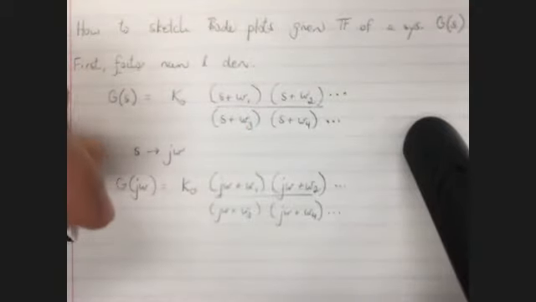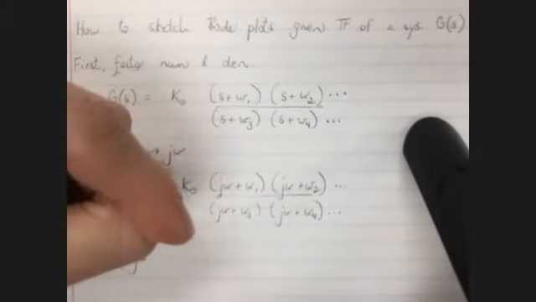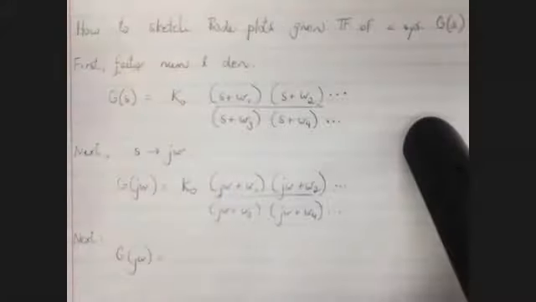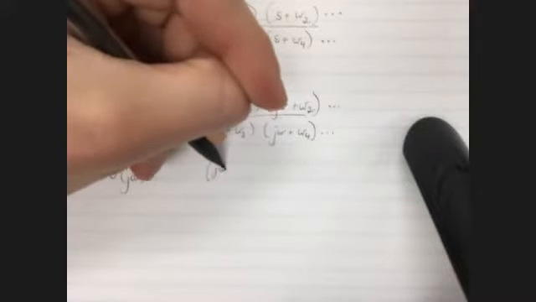So our G of j omega: this term, where we had j omega plus omega 1, we're going to write as j omega over omega 1 plus 1.